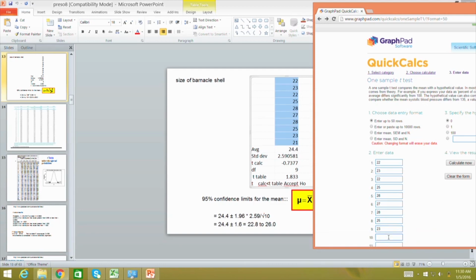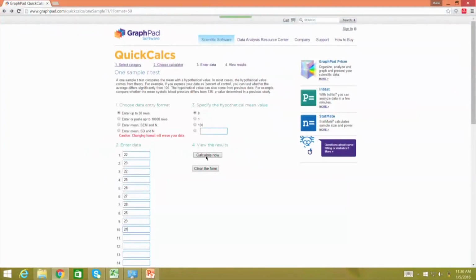So, we have 10 data points. We can put this here.